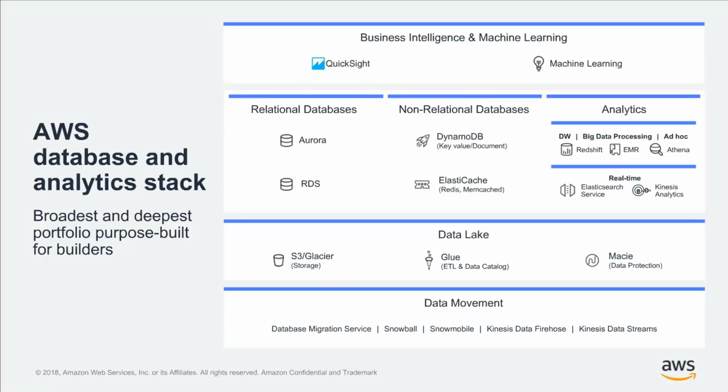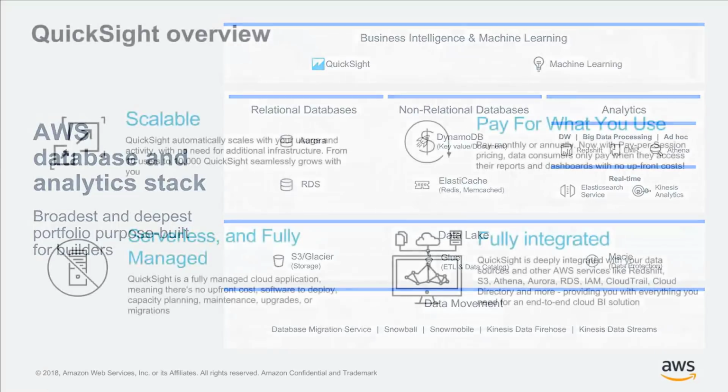And so what QuickSight really allows now is for you to take that data throughout its entire life cycle to the endpoint where you're putting it into the hands of end users as dashboards or reports to help them derive insights out of that, and do that all with a deeply integrated stack of solutions that are all available through AWS and all available as hosted solutions with really nothing for you to manage. So you can truly construct an end-to-end serverless BI solution in the cloud with AWS solutions.